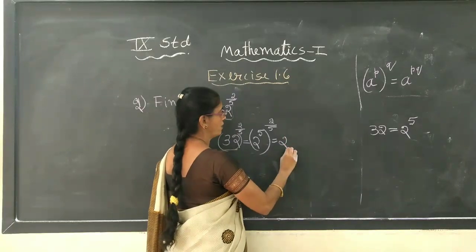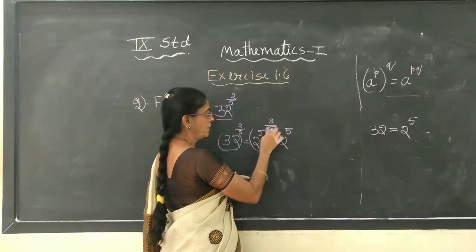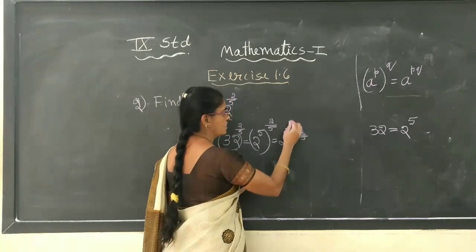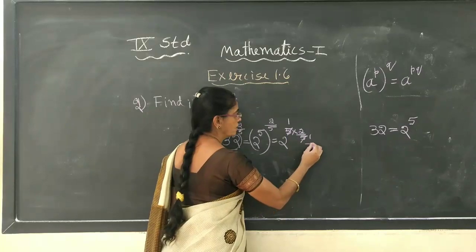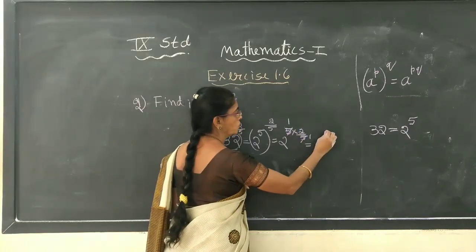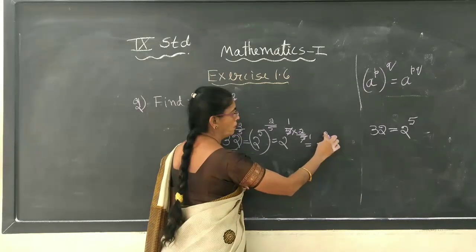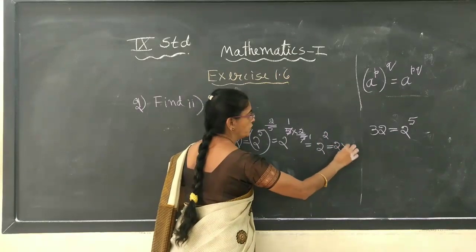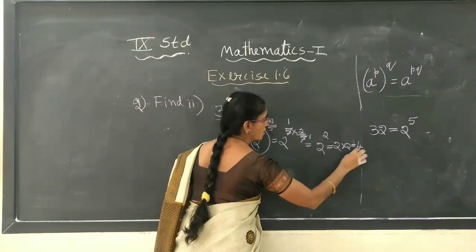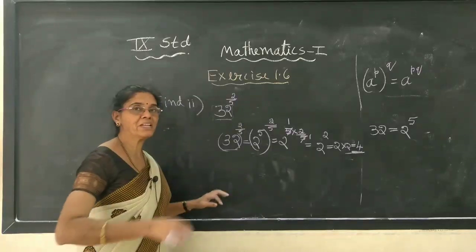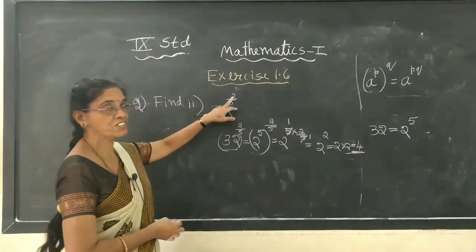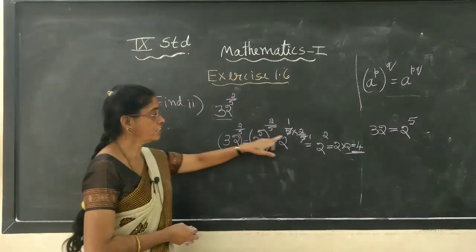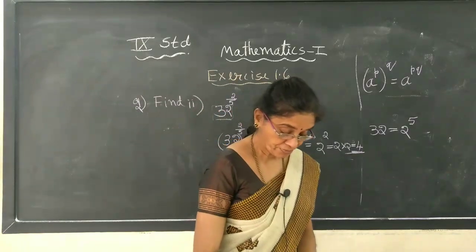So it is 2 to the power of 5 into 2 by 5. Here also we can cancel 5 ones are 5 ones are. So it is 2 to the power of 2 into 1 is 2, denominator 1, we won't write, 2 by 1 is 2, so 2 only I will write. 2 to the power of 2 is nothing but 2 into 2, 2 2s are 4. So simple it is. It looks very difficult if you see it this way, but if you convert 32 into exponential form, then easily you will get the answer for the problem.